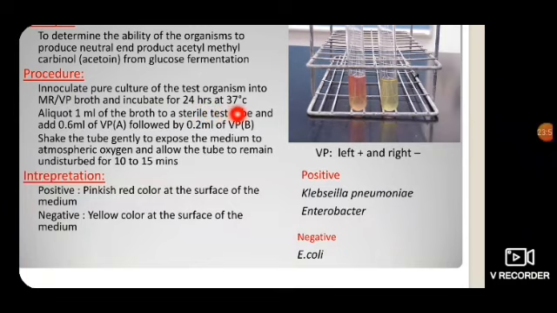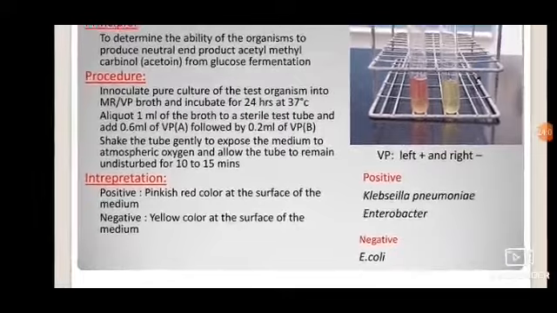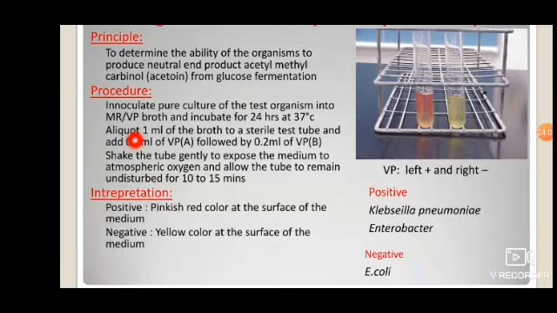Incubate for 24 hours at 37 degrees Celsius, and then take an aliquot of 1 ml of the broth into a sterile test tube, and add 0.6 ml of VPA followed by 0.2 ml of VPB. As already discussed, there are two reagents we add, content A and content B.